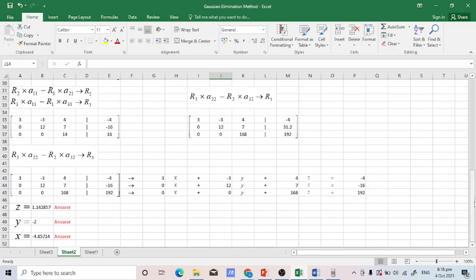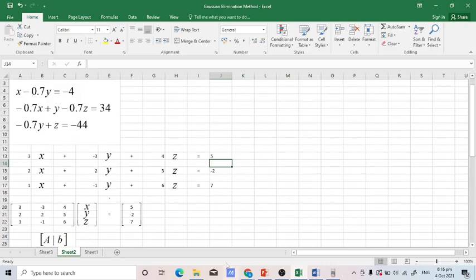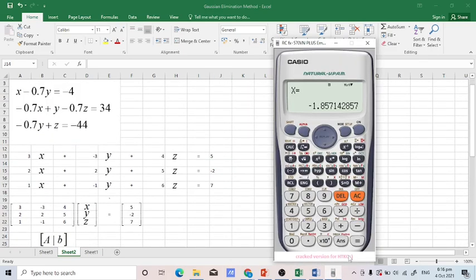Mali yata ako. Tingnan natin ulit yung given. 3, negative 3, 4, 5. Tapos, 2, 5, negative 2. 1, negative 1, 6, 7.